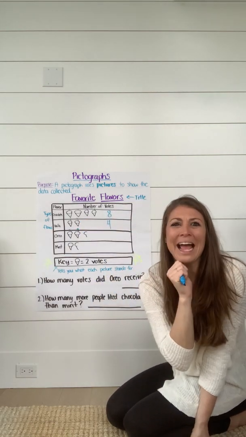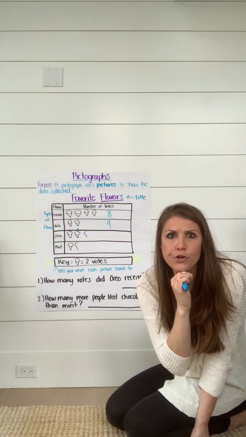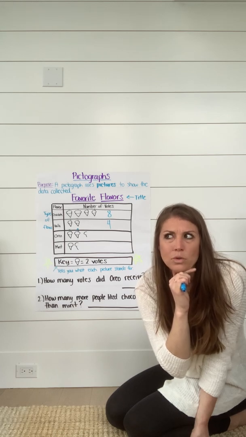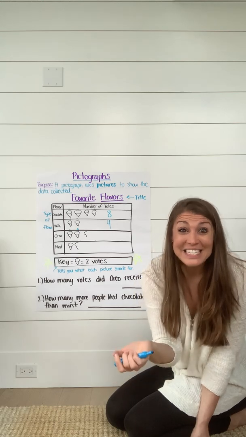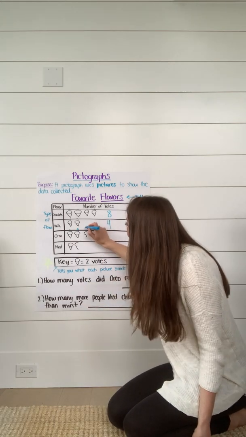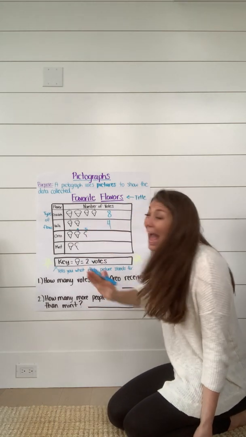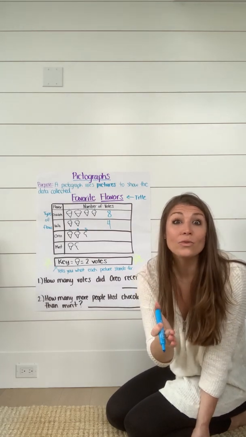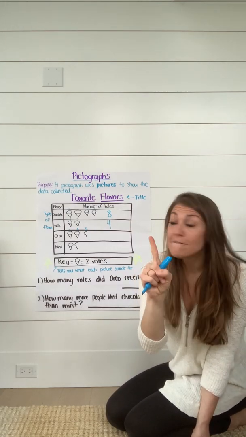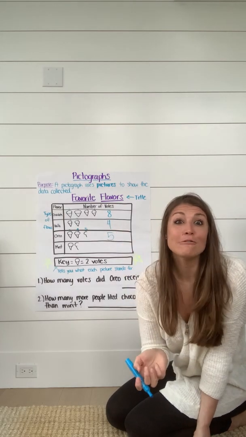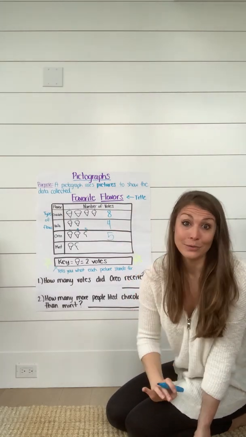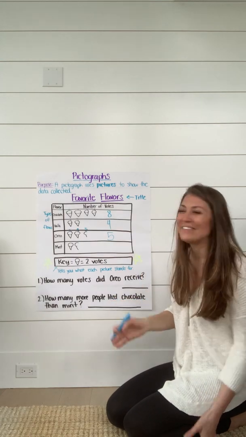And then what would half of 2 be? What's half of 2? 1, yes, awesome. So I know that this half of an ice cream cone only represents 1 vote. So my total would be 5. Oreo received 5 votes for favorite ice cream flavors.